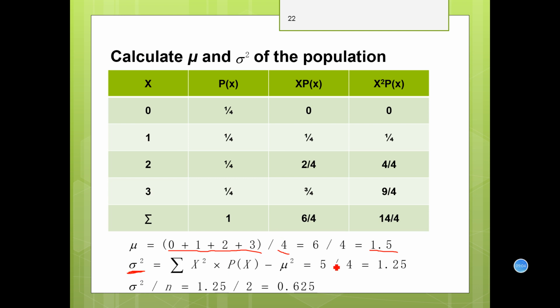The sigma square is 1.25, and then we will find that sigma square divided by n equals 0.625. So this is the value of sigma square divided by sample size.